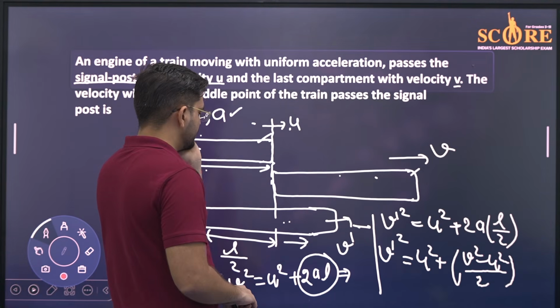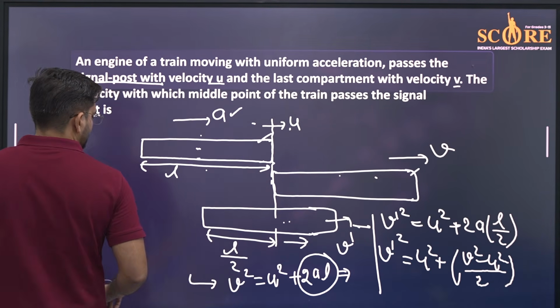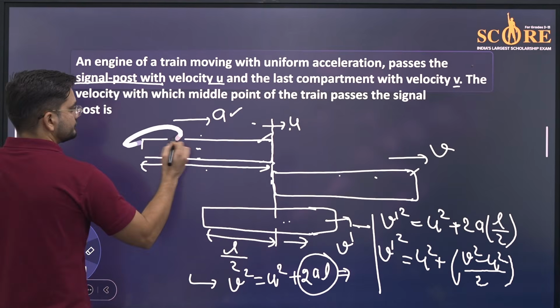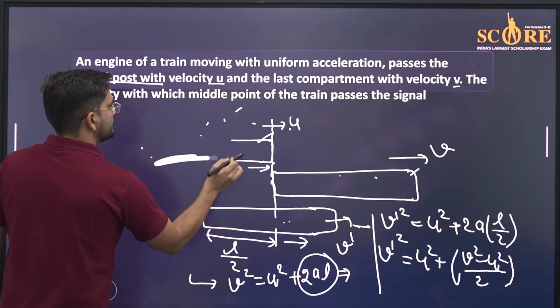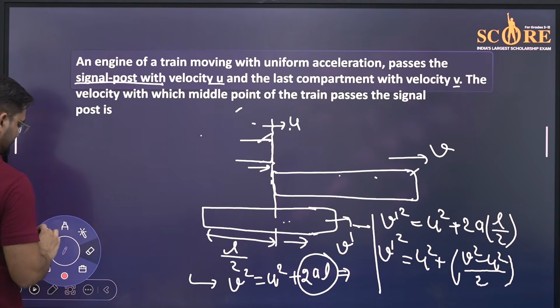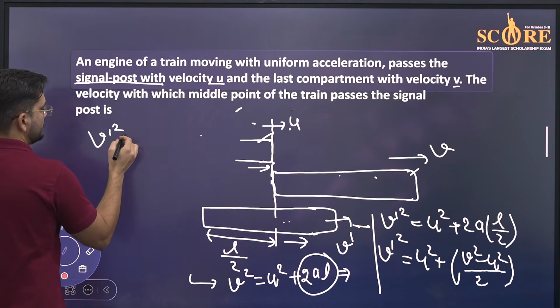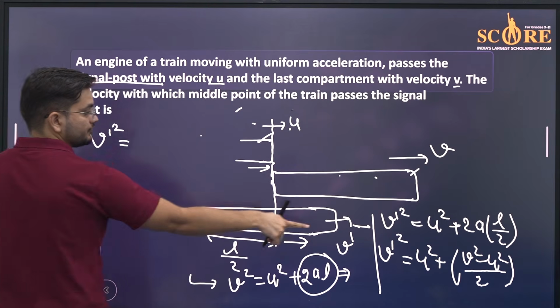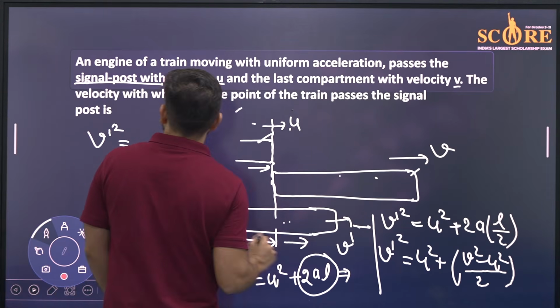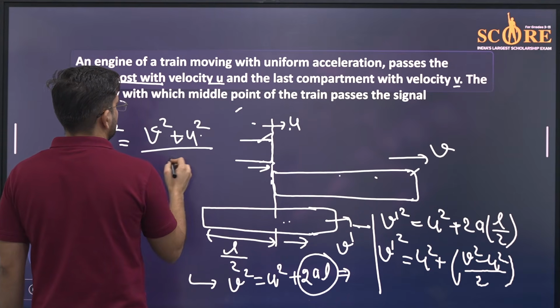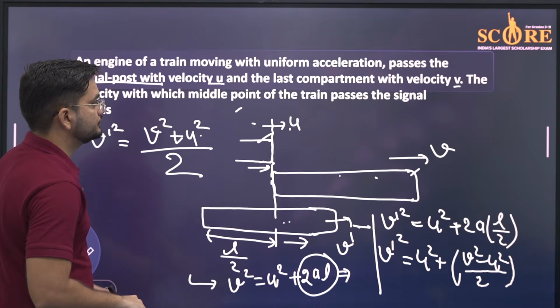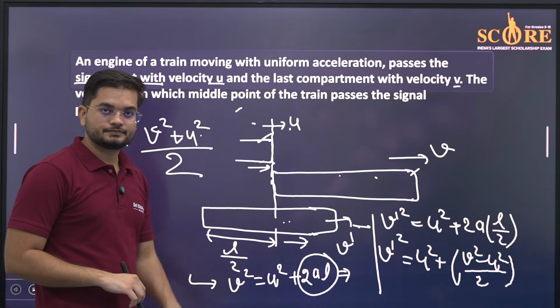And the final result will be v dash square is equal to (v square plus u square) divided by 2. Clear?